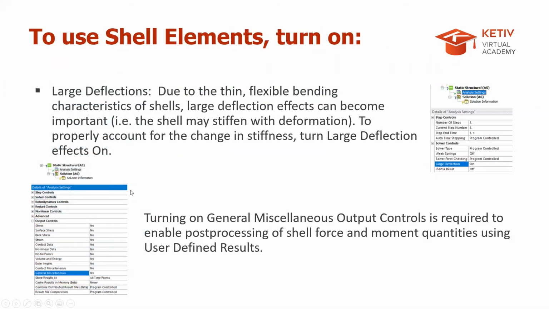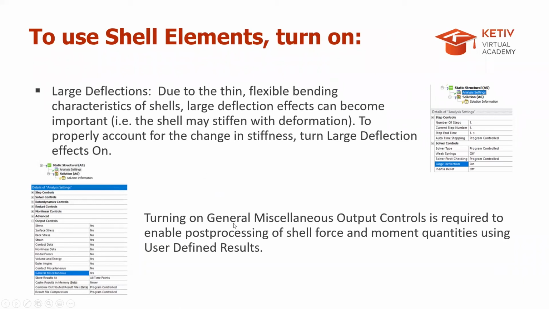The other thing you need to do to use shell elements is to turn on the large deflections setting under solver controls, because due to the thin, flexible bending characteristics of the shells, large deflection effects can become important. The shell may stiffen with deformation, and so to properly account for this, you have to turn large deflection effects on.